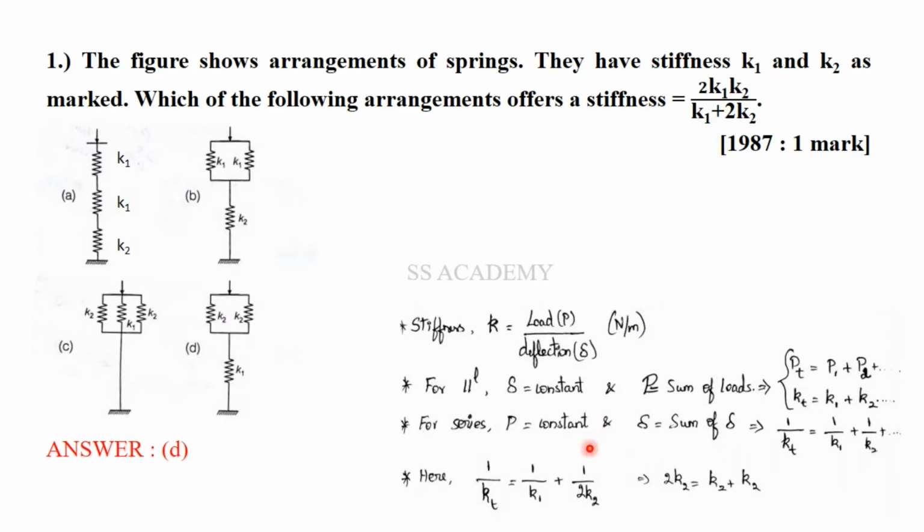Just by seeing it, you can say that it is the reciprocal of the sum of two fractions, 1 by K1 plus 1 by 2K2. So you can say that K1 and 2K2 are in series connection. Since it is 2K2, two springs are in parallel connection, K2, K2, and then in series K1. So D is the right answer.